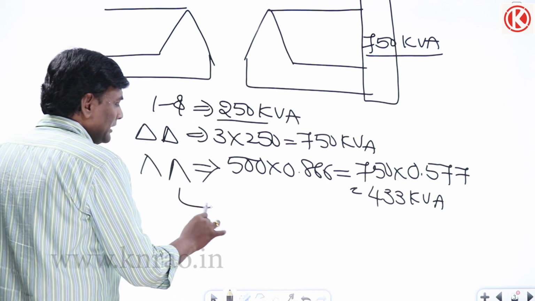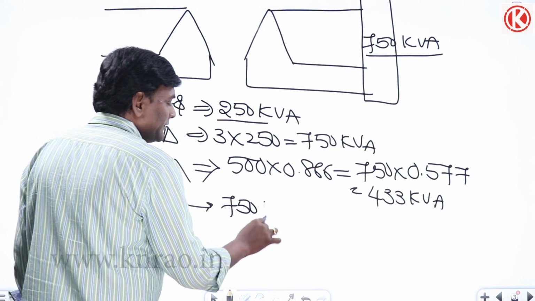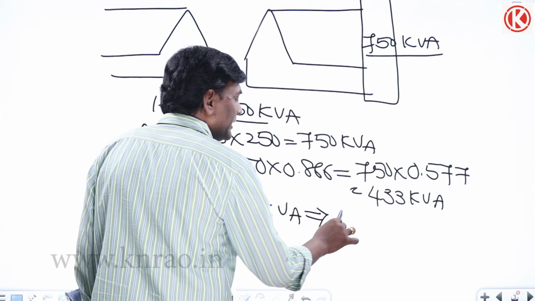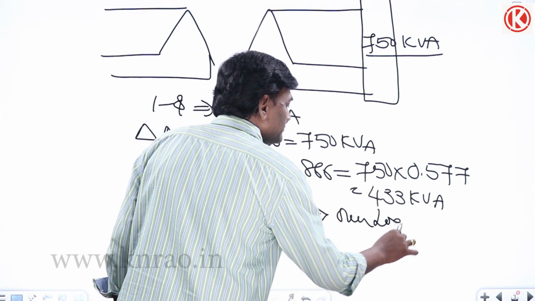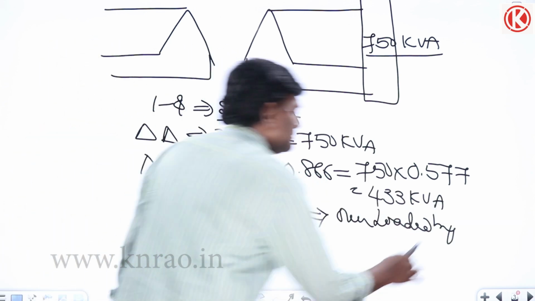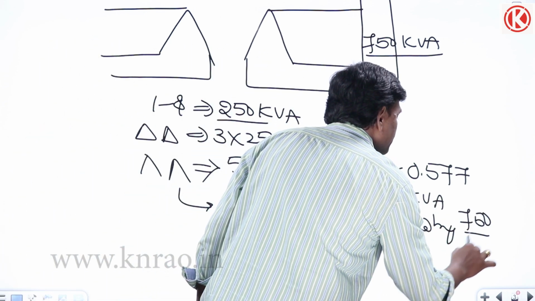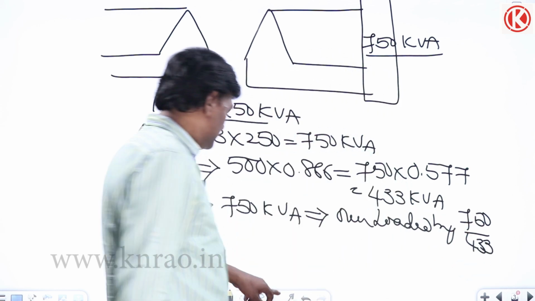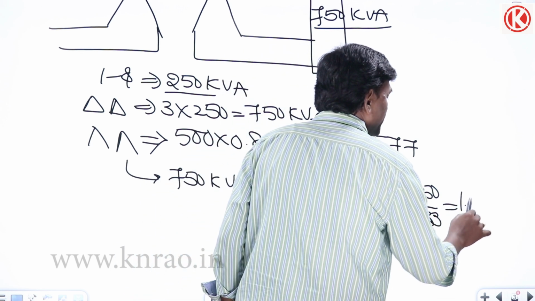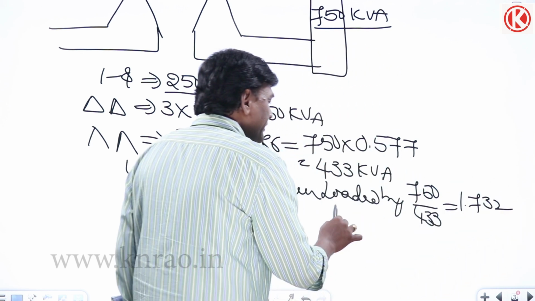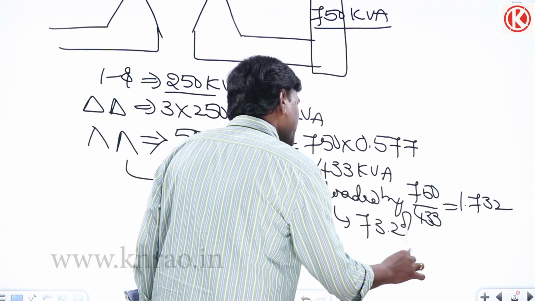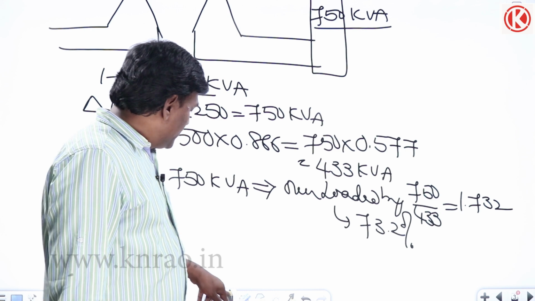So in open delta, if it is maintaining 750 kVA at the load, each transformer will be overloaded by 750 by 433, which is 1.732, or overloaded by 73.2%.